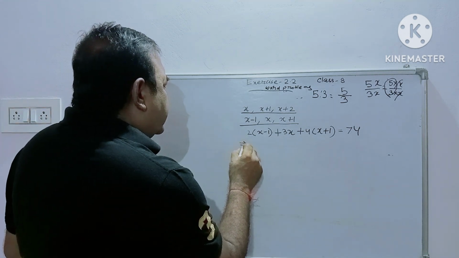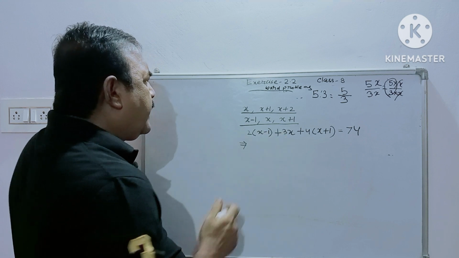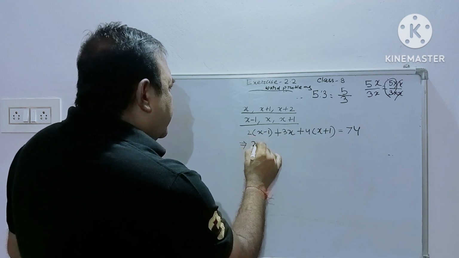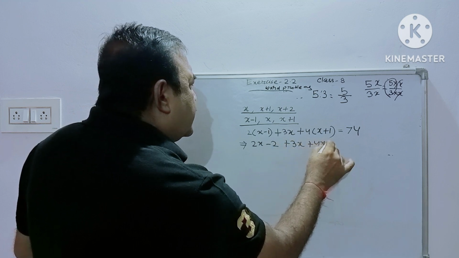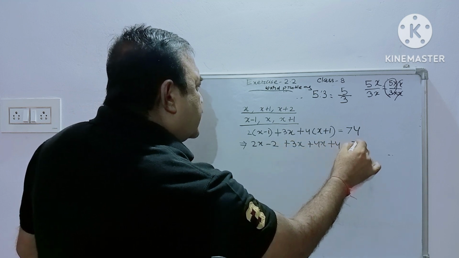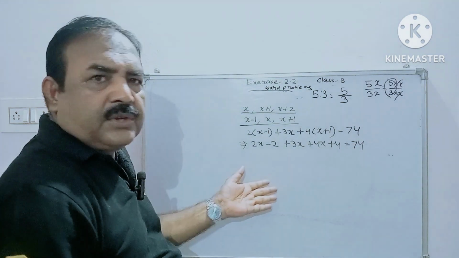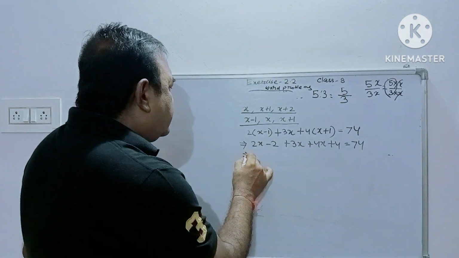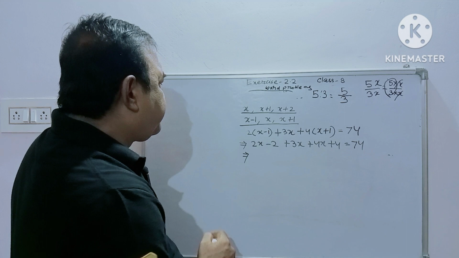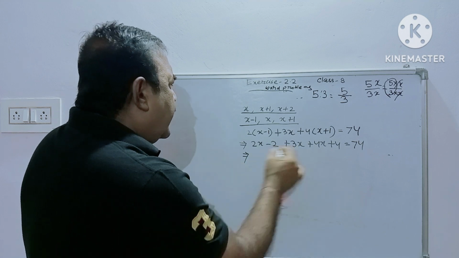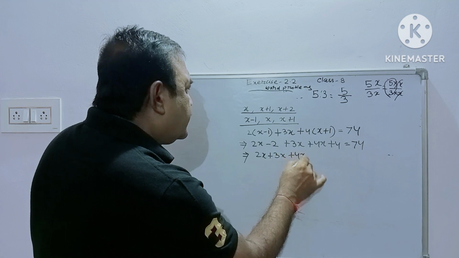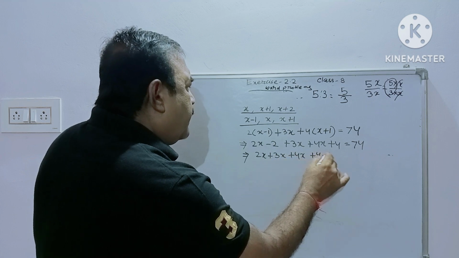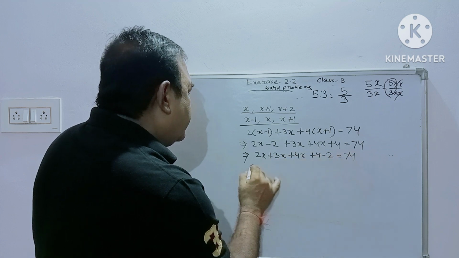We will open the bracket: 2x minus 2 plus 3x plus 4x plus 4 is equal to 74. It is very easy. You bring the like terms: 2x plus 3x plus 4x plus 4 minus 2 is equal to 74.